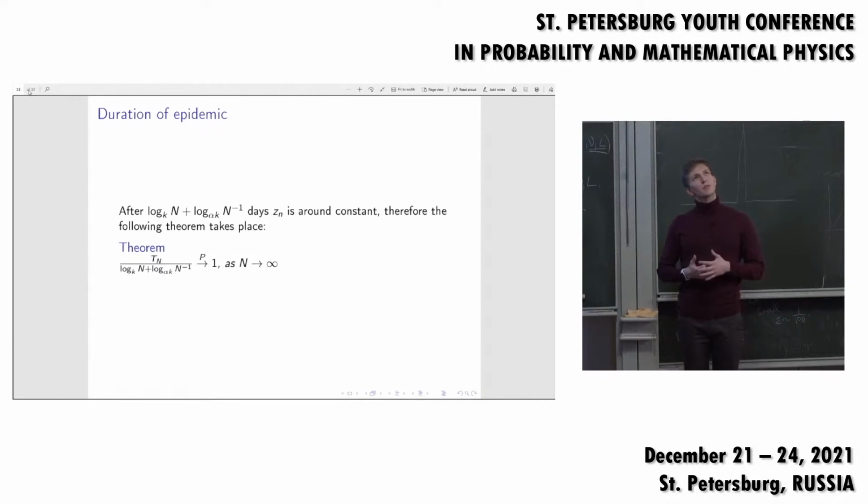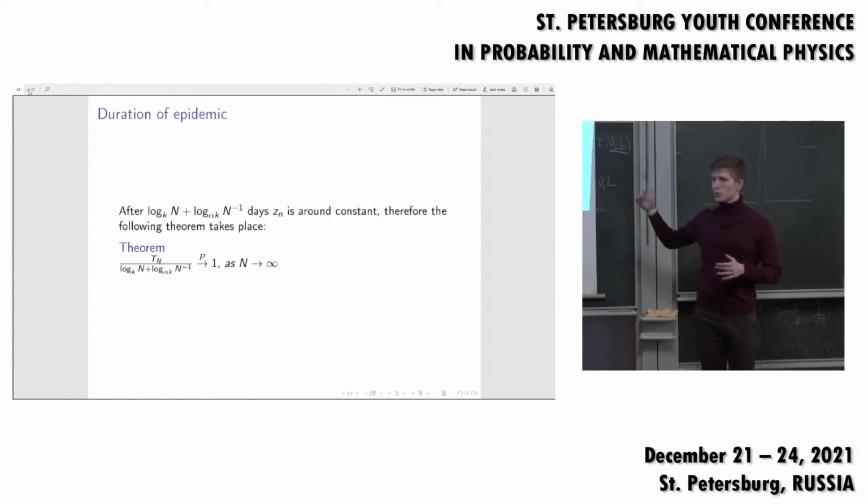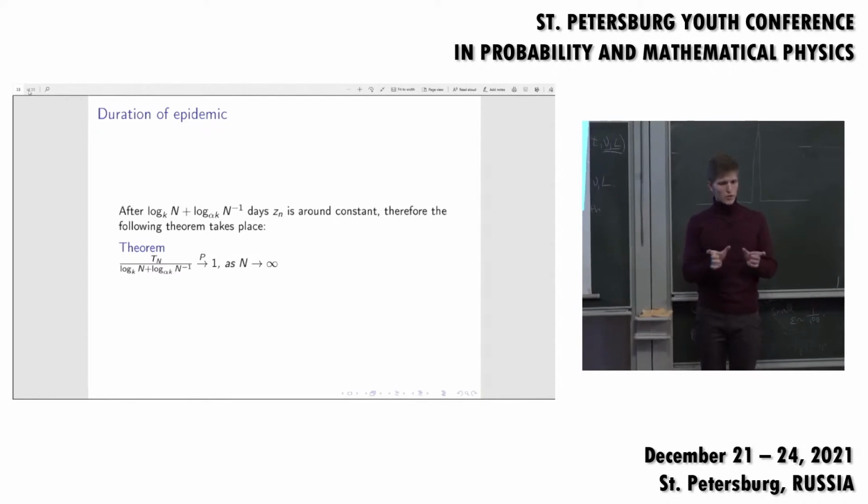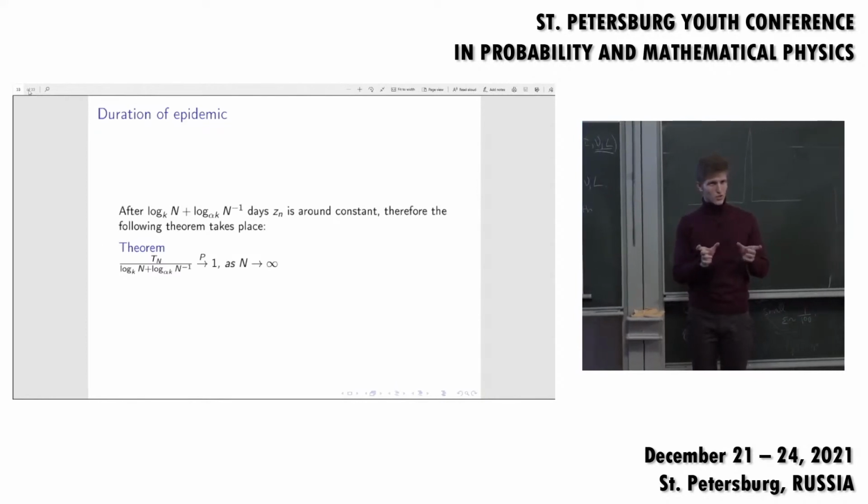When we obtain that Zn at this time becomes a certain constant, the L2 distance between Zn, the stochastic sequence, and the deterministic sequence, divided by n, converges to 0.